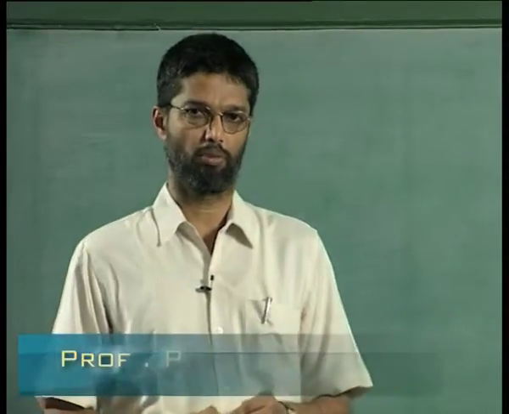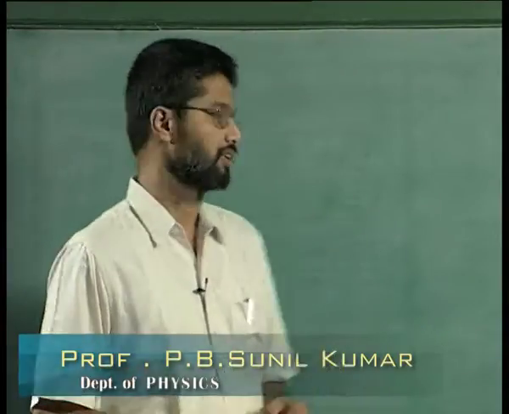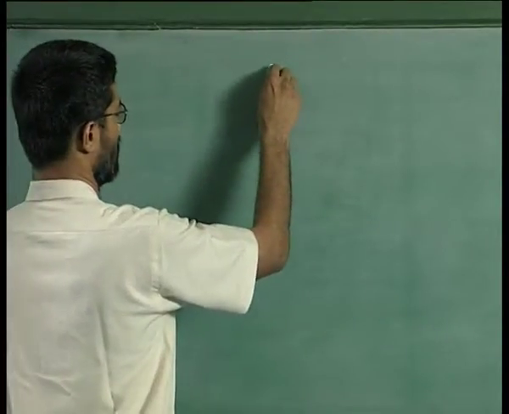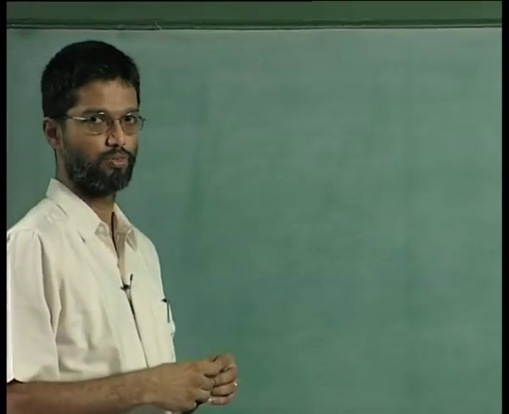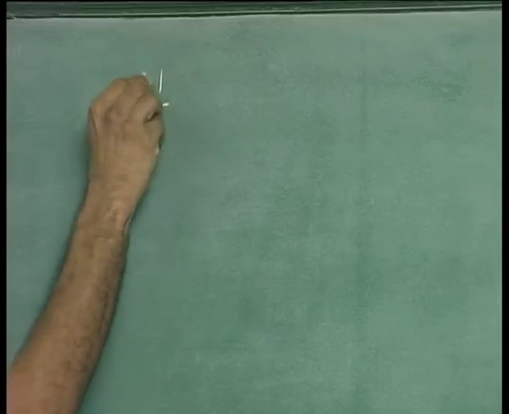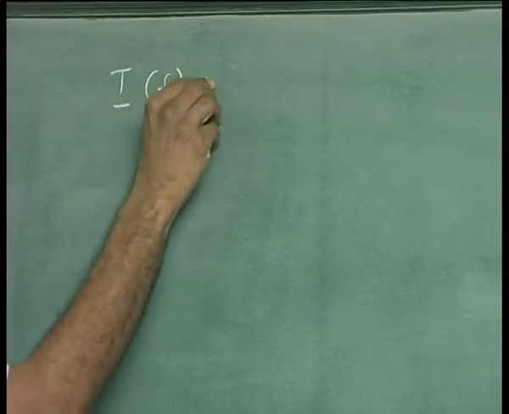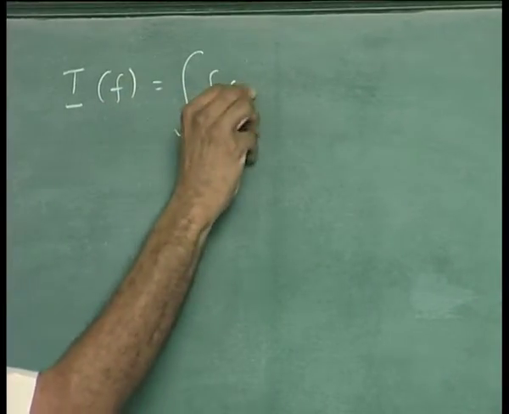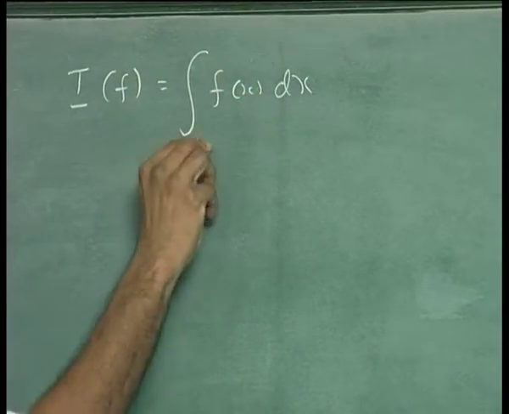We have been talking about numerical integration of a function, in which we wrote the integral of a function f as I of f, that is f of x dx between the limits a to b.